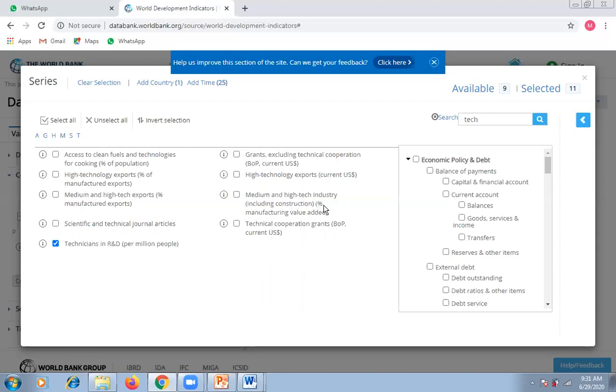Medium and high technical industry. High technology exports. Access to clean fuel and technology for cooking.